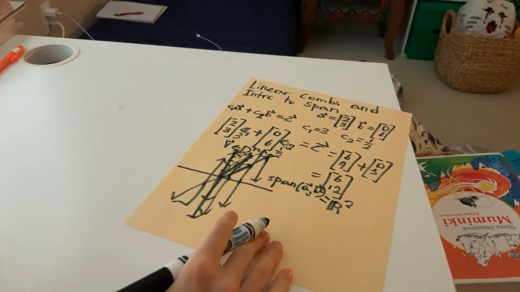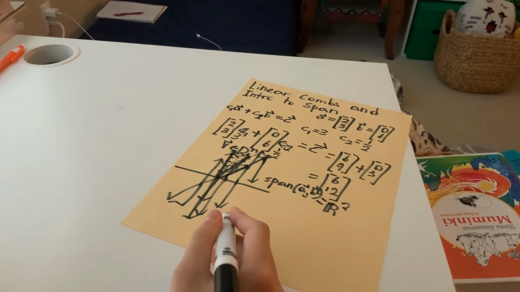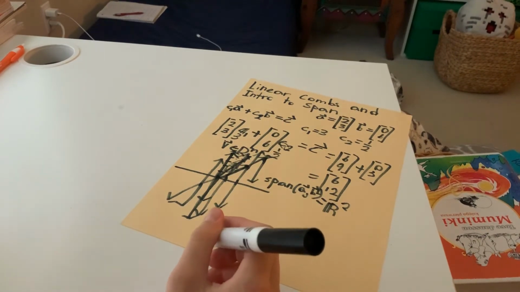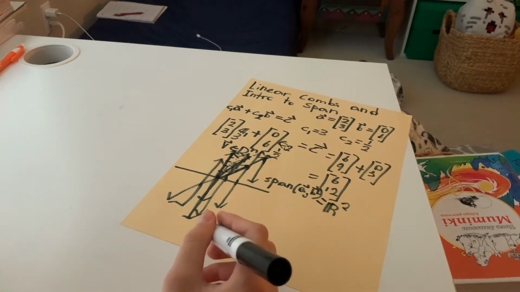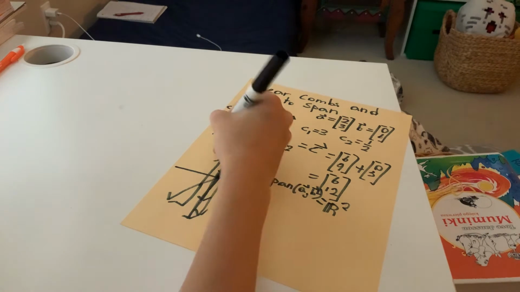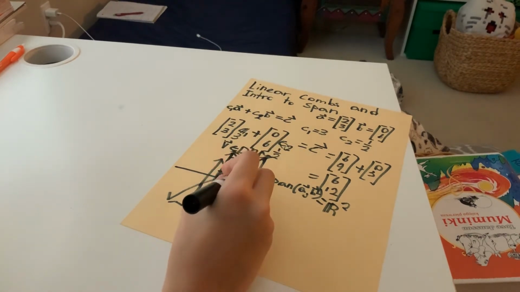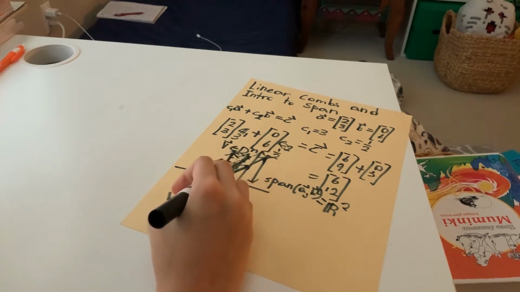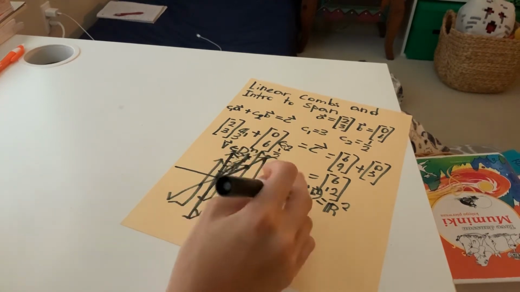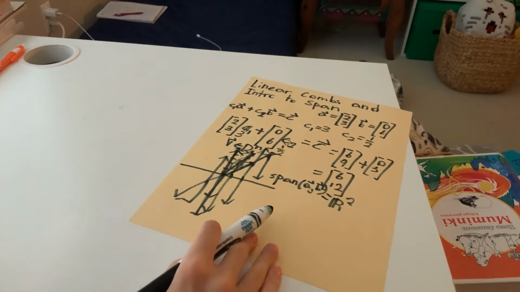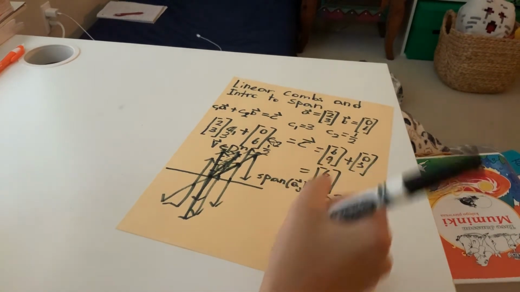Because we can make any vector C. Whatever combination of these two vectors you take is C, so C could be any vector in R2. You can name any C, and you can find some combination of these two vectors to get C. So this is what this means.